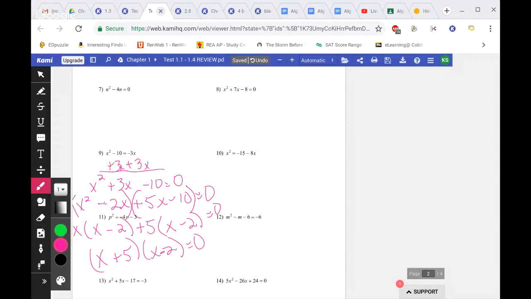And then you would set each one of those equal to 0. So x equals negative 5, and x minus 2 equals 0, x equals 2. So your final answers are negative 5 and 2. Okay. Does that make sense? Yes, ma'am.